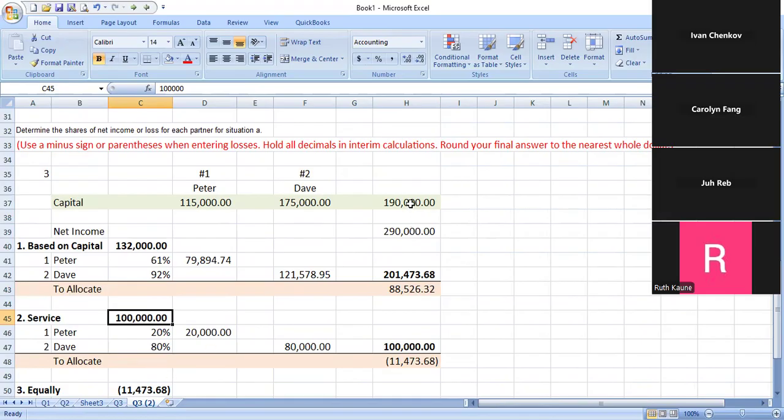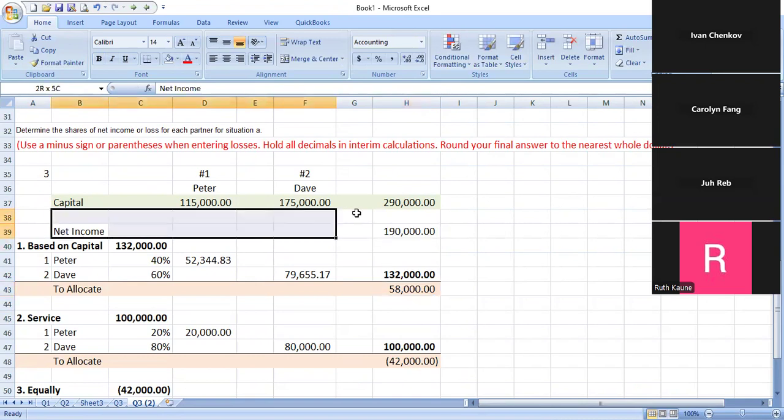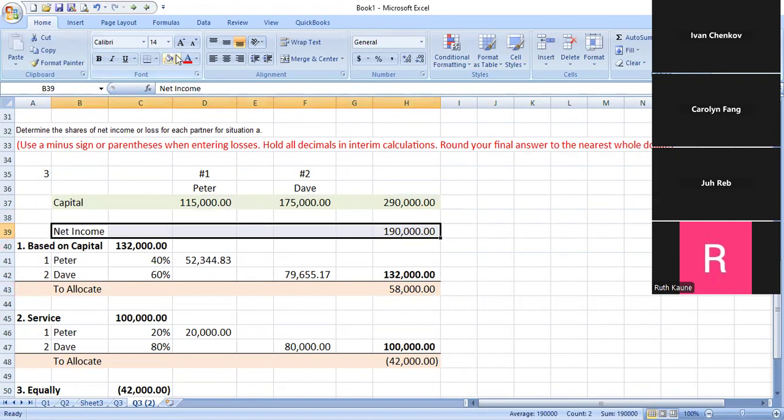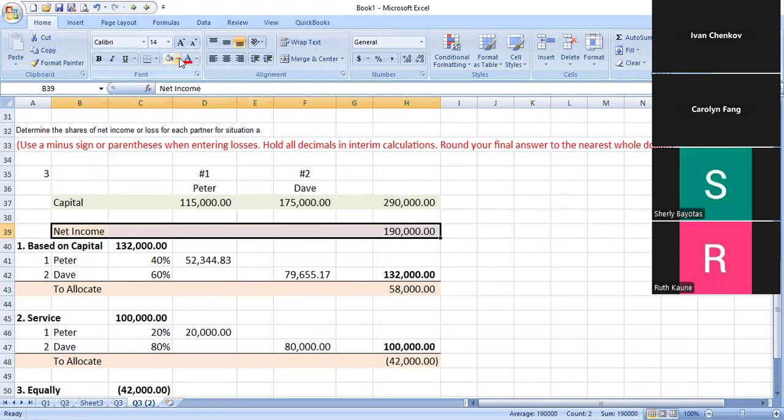Sorry, no, that wasn't the case. Here is 190,000. 190 is here, 190, 123 is right here. So in this case, if my income was only $190,000, can you see it? Yes.